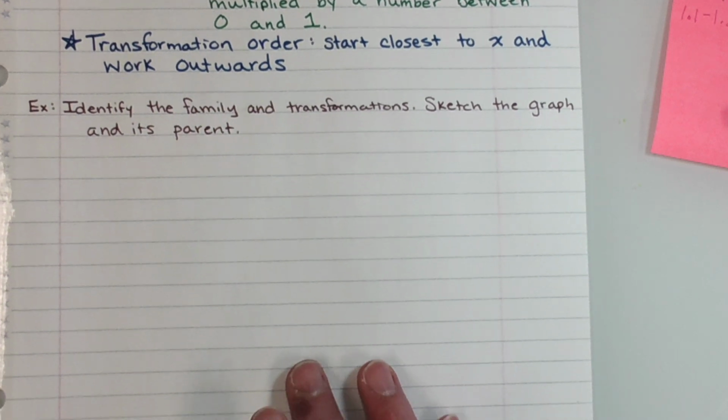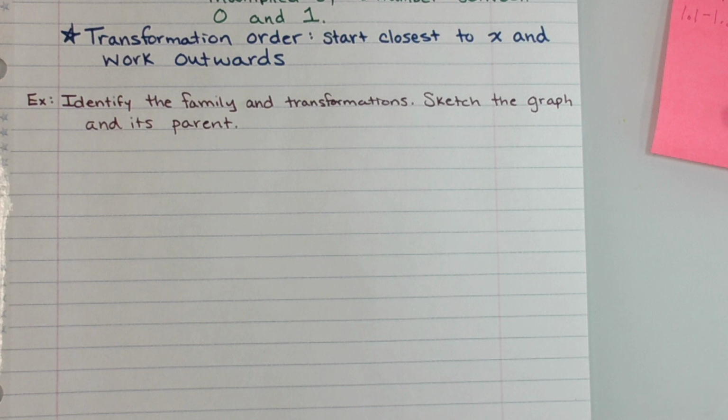So: identify the family and its transformations, and sketch the graph as well as its parent. And you have to sketch the parent when you're sketching transformations, because otherwise you can't actually see the changes that you did.